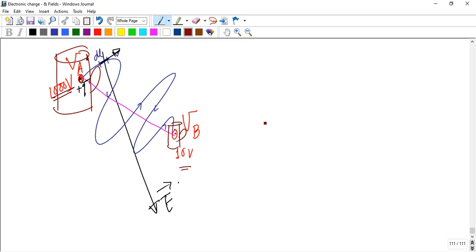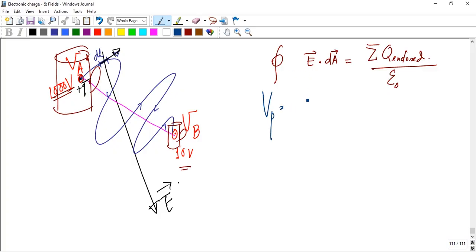So from Gauss's law, the closed integral of E dot dA vector is equal to the charge enclosed by that surface over epsilon naught, the permittivity of free space. The potential at an arbitrary point P is the integral from P to infinity of E dot dl, where dl is the length.